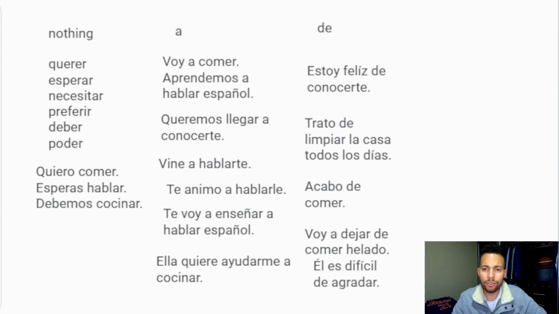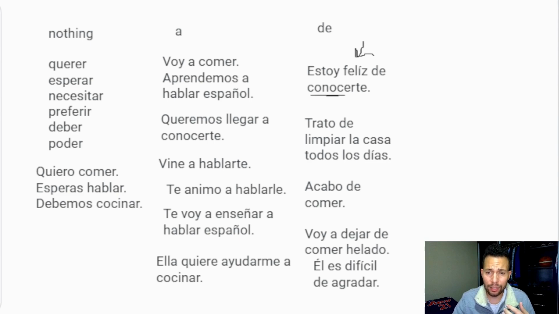But what's going on here? Estoy feliz de conocerte. We have our infinitive verb there, conocer. But now we're attaching it to feliz, which is an adjective. So that could be something new to think about. It's the first time we're attaching an infinitive verb to an adjective.